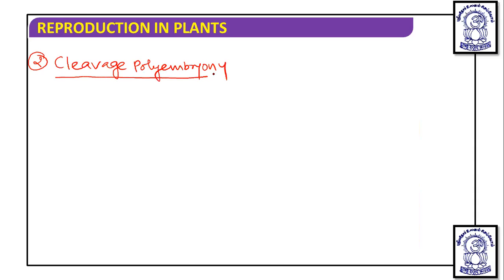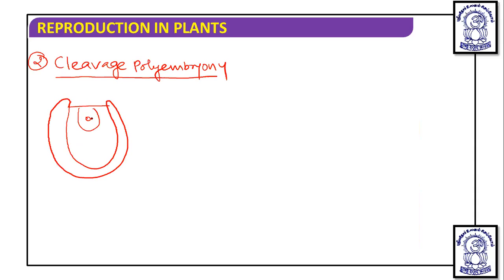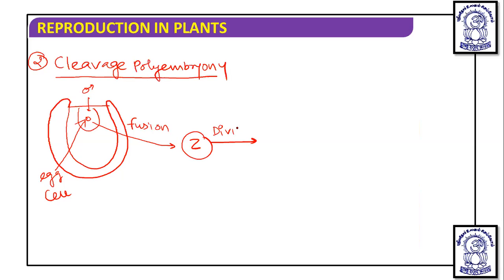In cleavage polyembryony, what happens? You will see that suppose there is only one egg cell. And with this one egg cell, a male gamete comes and fertilizes. Fusion of the male and female gamete occurs, and a zygote is produced. Now this zygote undergoes division and forms an initial embryo.